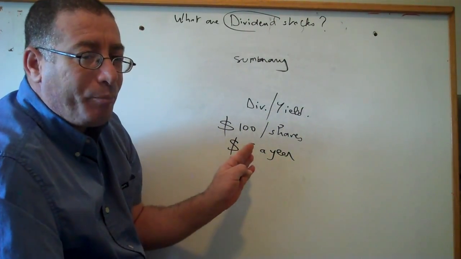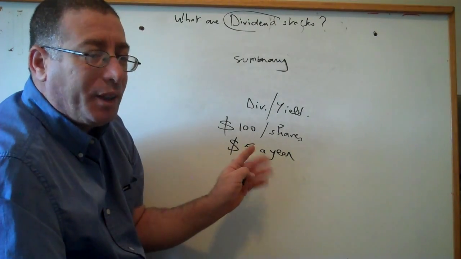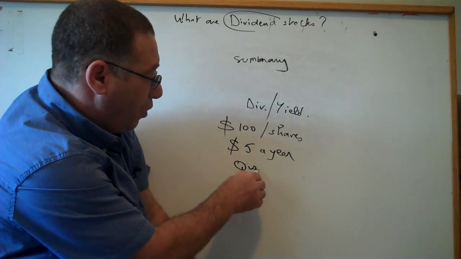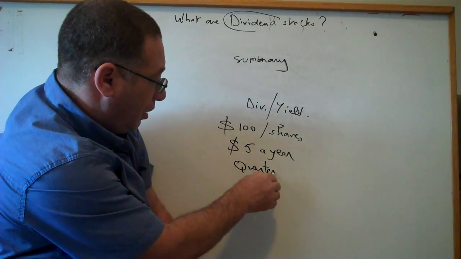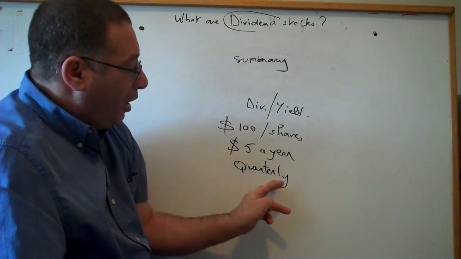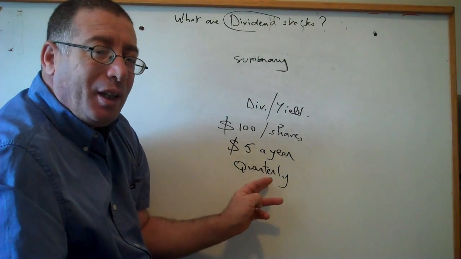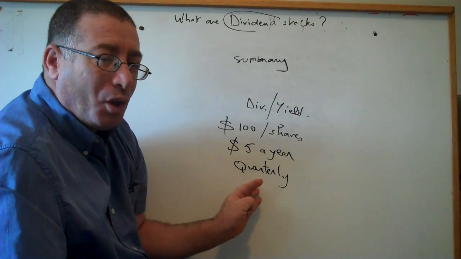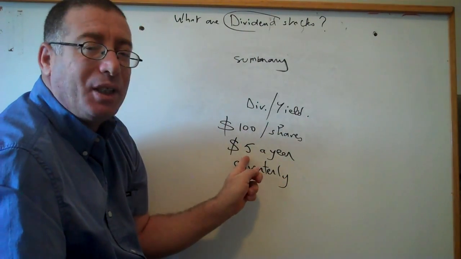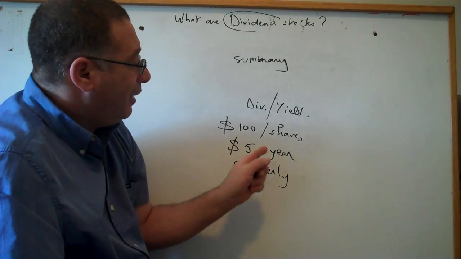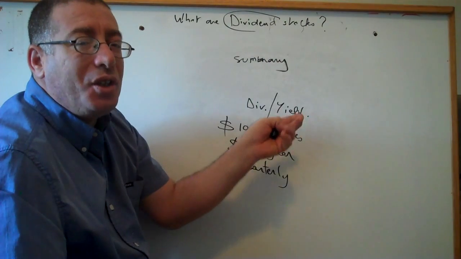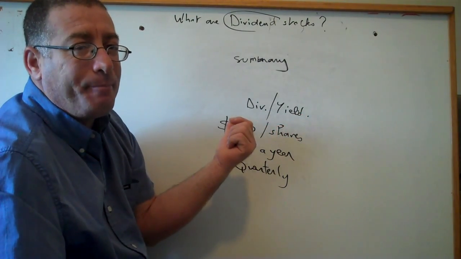Generally, they give it quarterly. They divide this by 4, and they give it quarterly. When you see the summary of any stock, you will find that most of the stocks are quarterly. It means each quarter, every 3 months, they give you part of this $5. Now, the yield is just a percentage of the stock.